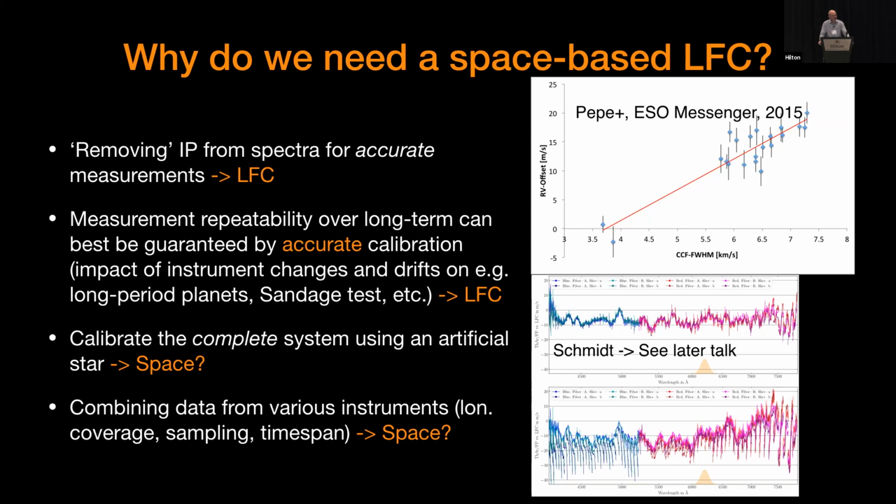But the question is, what happens if you have a problem with the instrument, if you want to ensure repeatability over many years, and you cannot guarantee that there is no change in the instrument or any other drift in the instrumental profile.